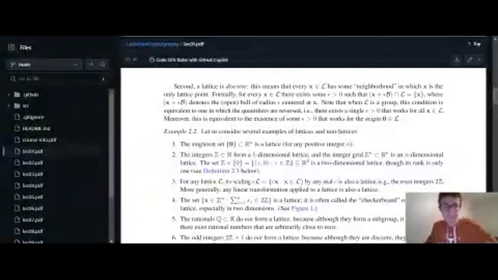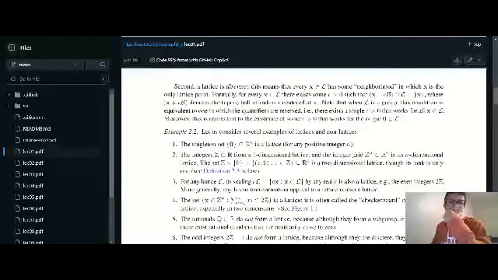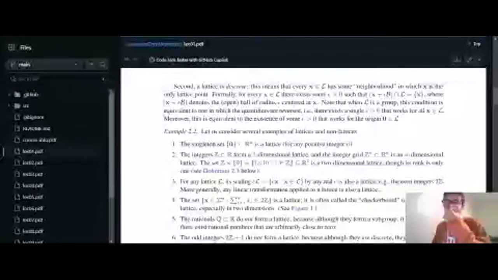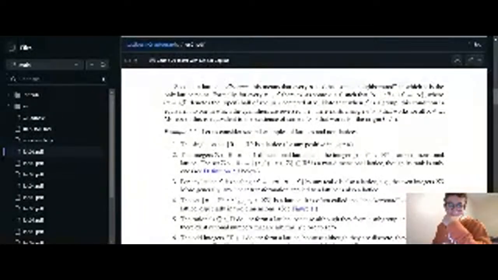Another one, and also the group condition is equivalent. The equivalent of epsilon for zero spans L. I don't really know what that means.